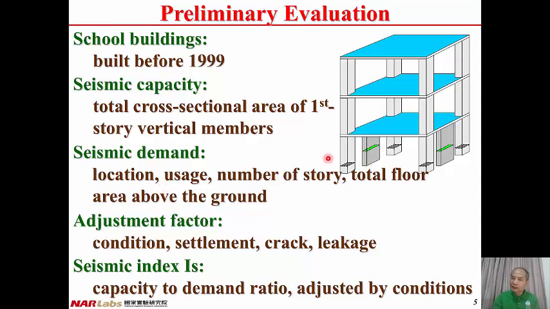And in this case, the number of stories equals 3, 1, 2, 3, a 3-story building, and the total floor area above the ground, including the second floor, the third floor, and the roof. And the result is adjusted by the condition of the building, including settlement, is there any settlement, any crack, any leakage. And the result, the seismic index, is the capacity to demand ratio, adjusted by the conditions of the building.